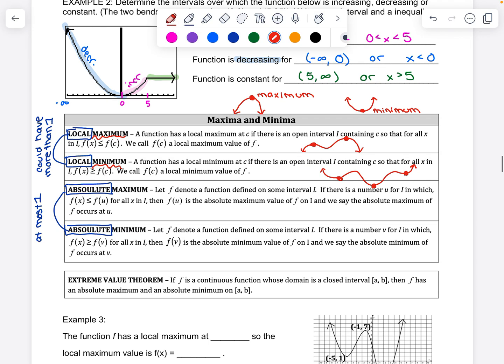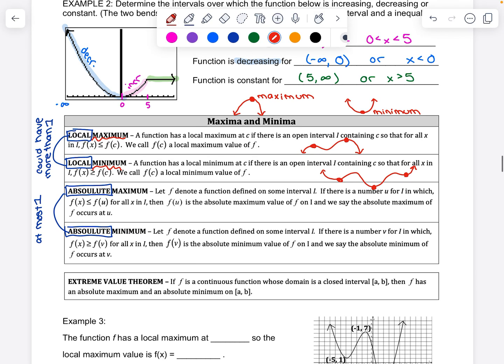For the absolute, you're looking at the entire thing and you're asking yourself, which point is the highest? Because if there is more than one, you want to know which point is the highest, if it's a maximum, that is. And if it's a minimum, you're asking yourself, which point is the lowest?